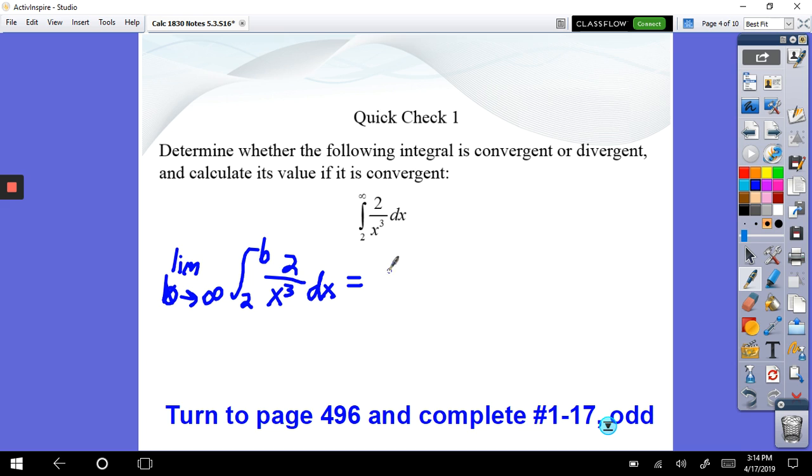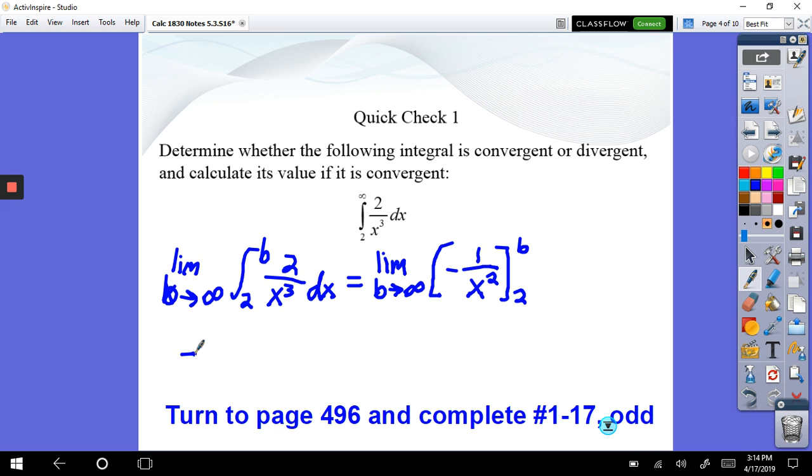All right, so let me go ahead and integrate. When we integrate that, we will add one to the negative 3, so that would be a negative 2. And then we would divide by negative 2, which would give us negative 2 over 2, which is 1, over x squared from 2 to b.